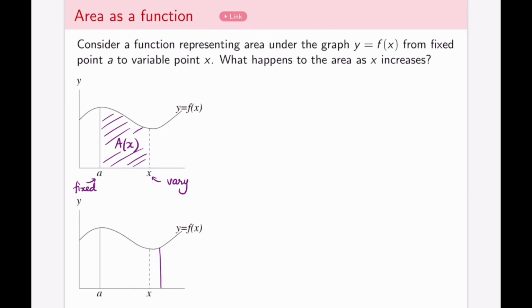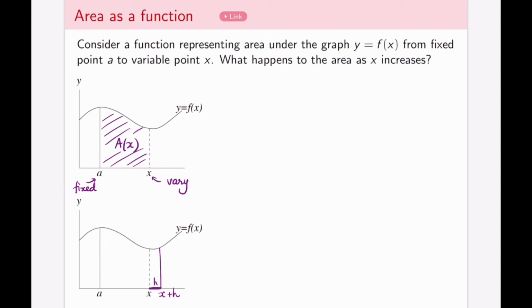Now I'm going to draw it not as a very small change because I don't want to create microscopic drawings, but this is supposed to be a very, very small number, a very thin sliver. So here I'm going to have x plus h, so this distance here is h, and this is going to be something that is really quite small. So what happened here?